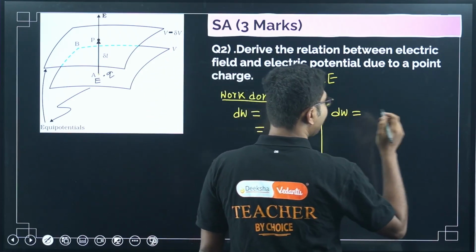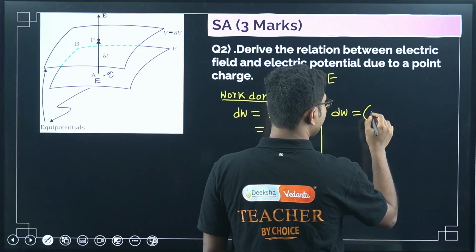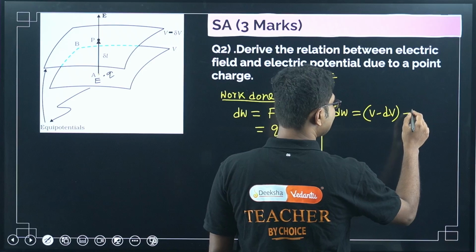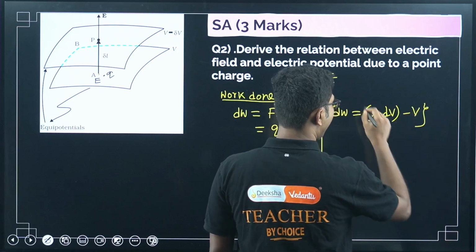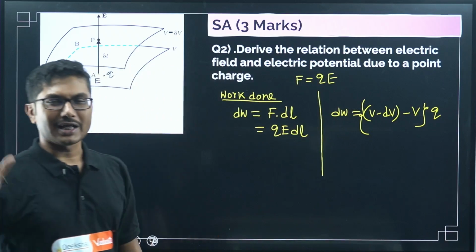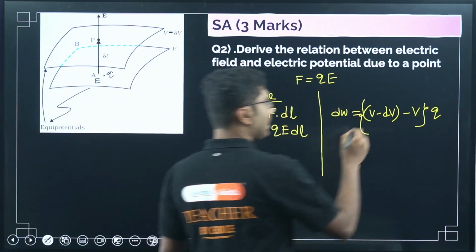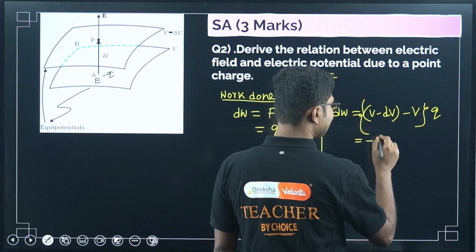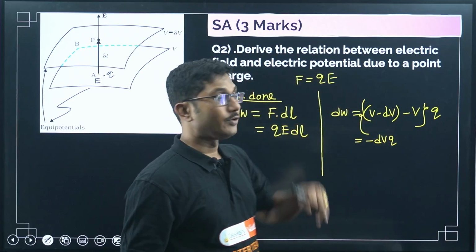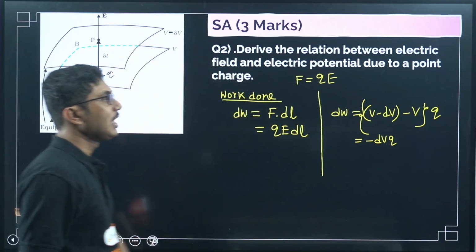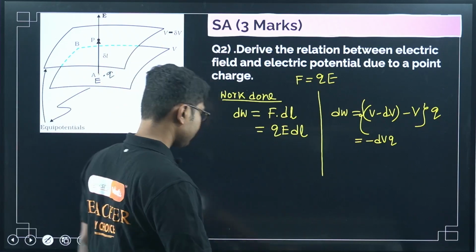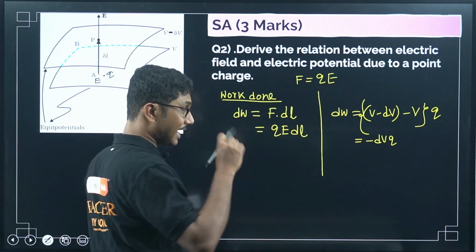It says that final potential V minus dV minus initial potential V, that is the change in potential, times Q, is the work done. Here you will get minus dV Q, because it is moving from higher potential to lower potential. That means the external system is not doing any work; the charge itself is doing the work.